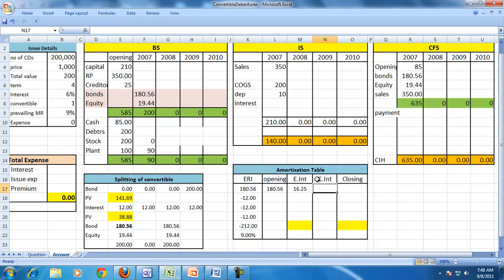Every year we calculate the interest on the basis of effective interest. So the coupon rate of interest is 12, we already calculated. The closing balance is opening balance plus the effective interest minus the coupon interest, and the closing will become the opening.